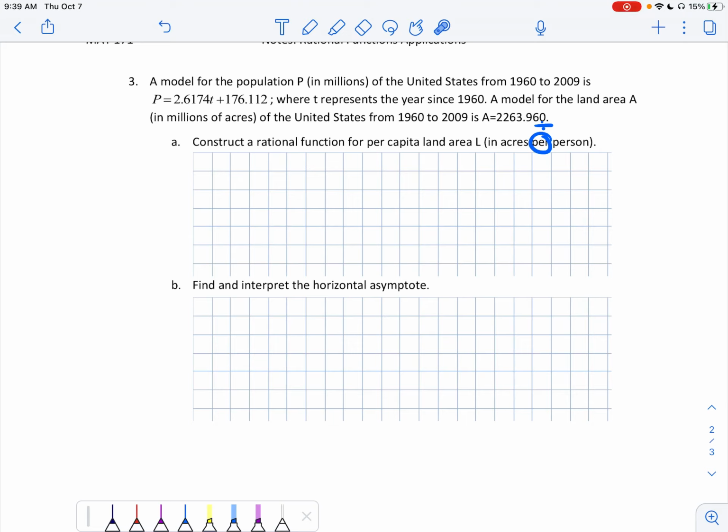Well, those are exactly the two functions we were given, right? We were given our function A, which was measuring the land area in millions of acres in the United States, and we were given our function P, which is measuring the population or the number of people in the United States. So our function L of t is just going to be taking A divided by P.